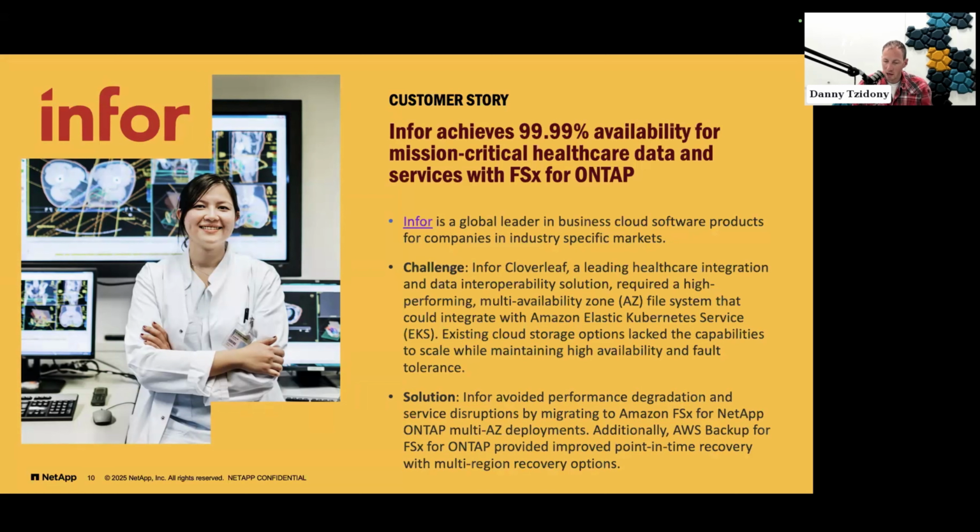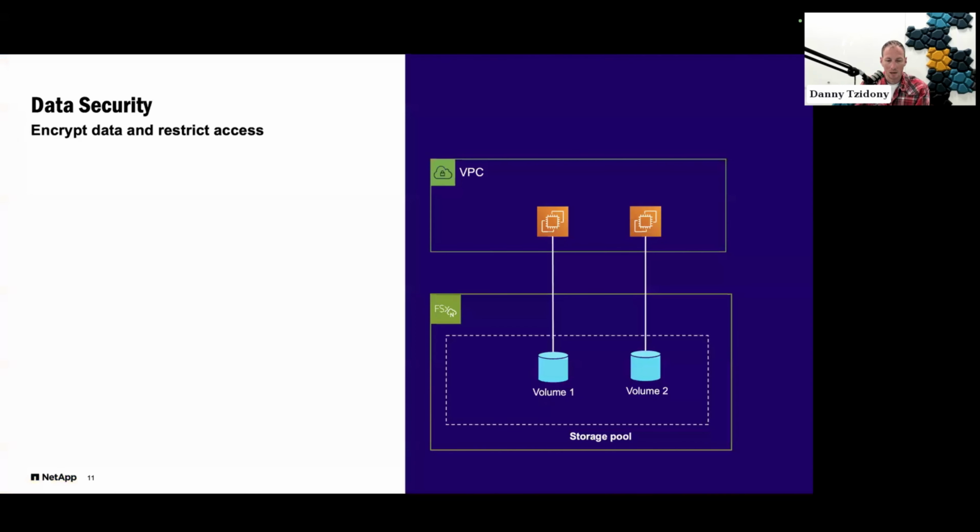And with that, I think we can advance to the next pillar, data security. In data security, we're talking about protecting our data from accidental access or deletion, or from malicious access or deletion, etc. How do we make sure that the data is encrypted and restricted?